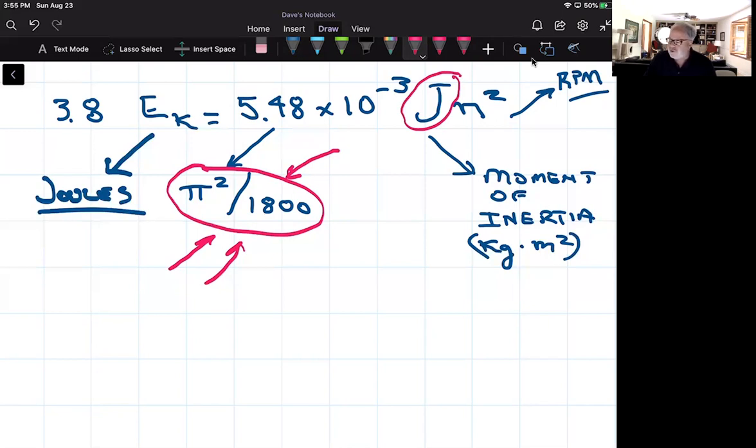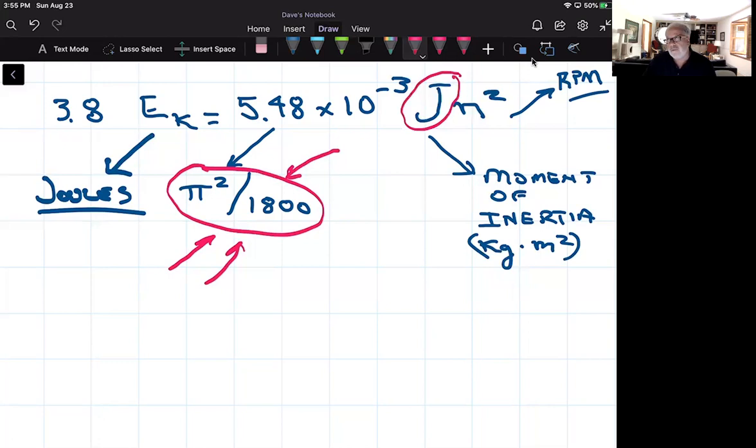Don't confuse this J number with joules, because that's not what it means. It is a description of the actual thing that is rotating. We'll go into a lot of detail about that in just a second. The other thing I want to point out is that our speed is squared. This is n squared, and it is in RPMs.